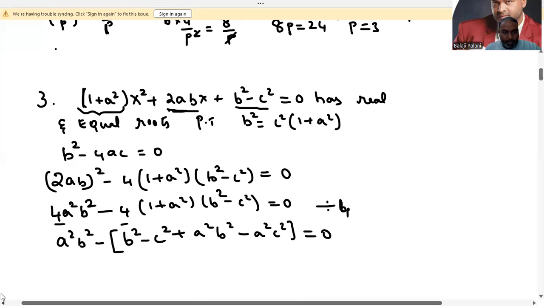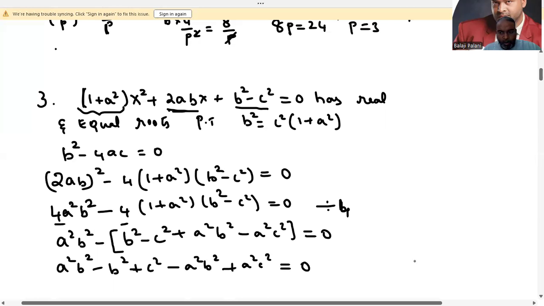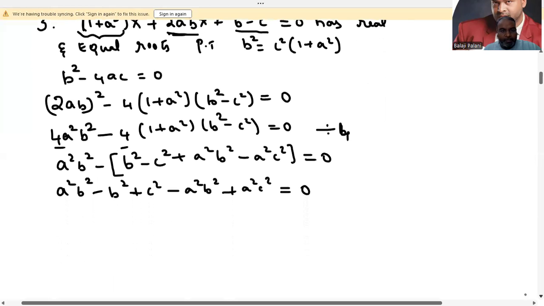All right. Now I'm bringing this minus sign inside, opening the bracket: a square b square minus b square plus c square, right? Minus of minus, minus a square b square plus a square c square is equal to 0. Look at this slowly once again. Bringing this minus inside, all the signs within the brackets get changed automatically because of the minus sign.